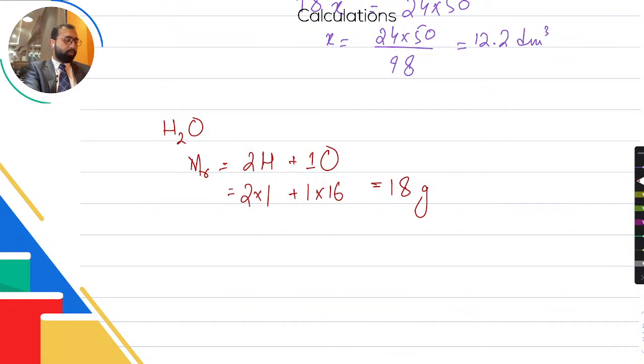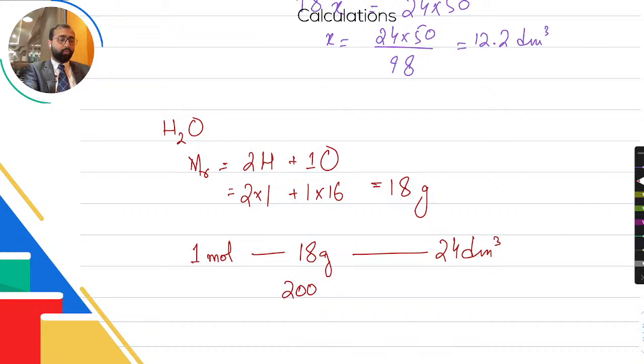So what is 1 mole of water? 1 mole is Mr grams, which is 18 grams. And if I boil it, it will be 24 dm cube. Great. So I have 200 grams. What will its volume be? X. Cross multiply. 18 times X is 24 times 200.